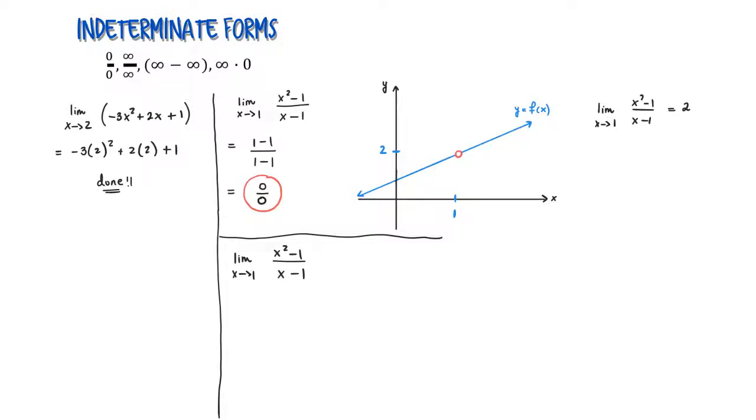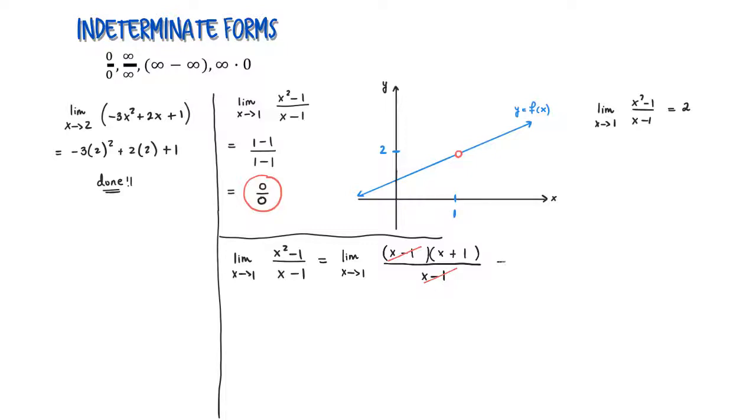In other words, I noticed that in the numerator, the quadratic is a difference of squares. I can go ahead and factor x squared minus 1 into x minus 1 and x plus 1. This will be divided by x minus 1. And then I noticed that these two factors will cancel out.